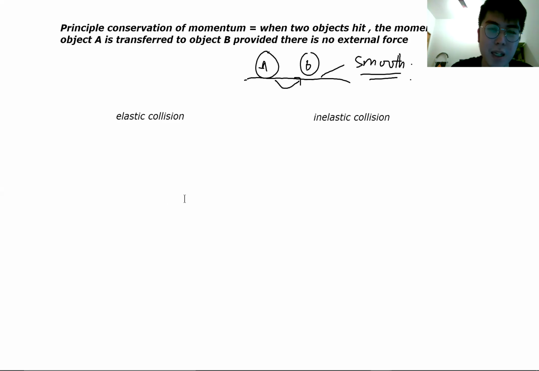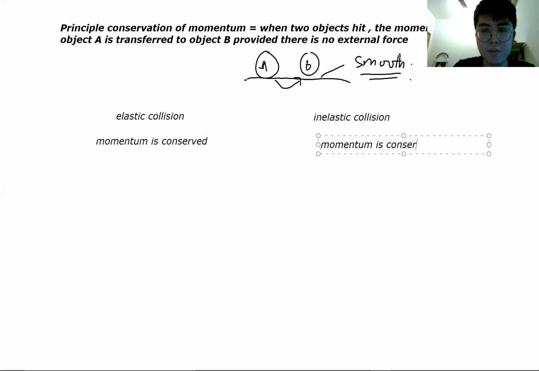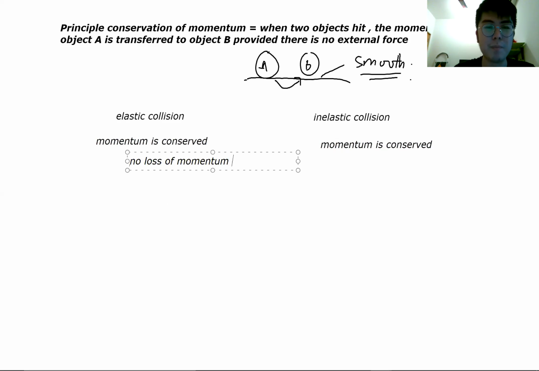Now, the main difference in terms of momentum between these two: in elastic collision, momentum is conserved. In inelastic collision, momentum is also conserved. Conserved means no loss of momentum.